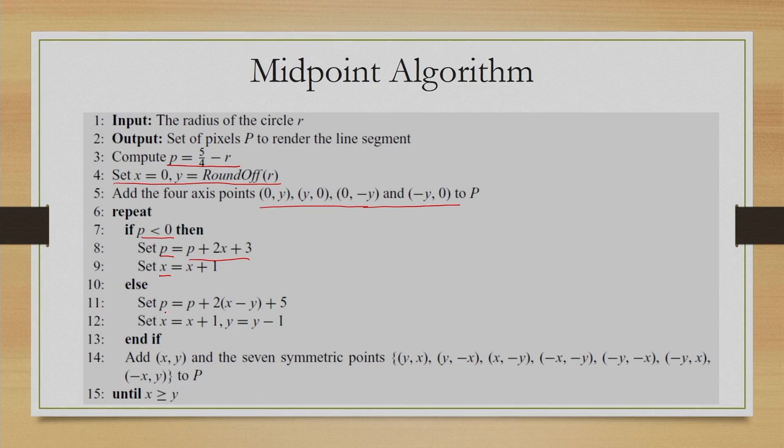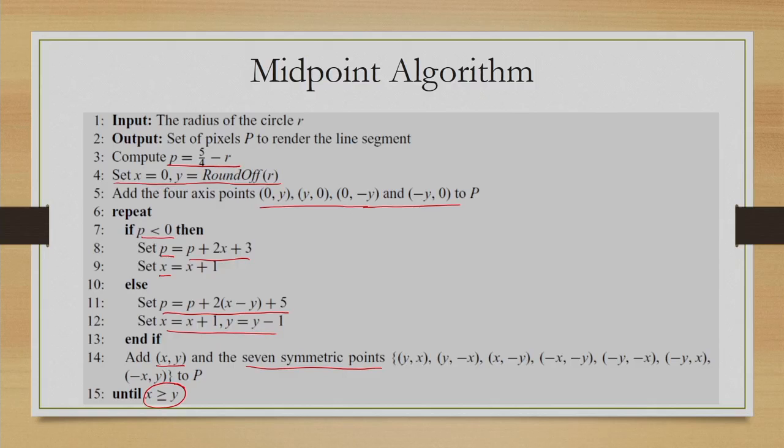When the decision parameter is greater than 0, we update the decision parameter in this way and get this point as the new pixel. And then we add the new pixel to the list of pixels, plus we add the 7 symmetric points using the symmetric property, and we continue until we reach the end of the quadrant. So, that is how the midpoint algorithm works.